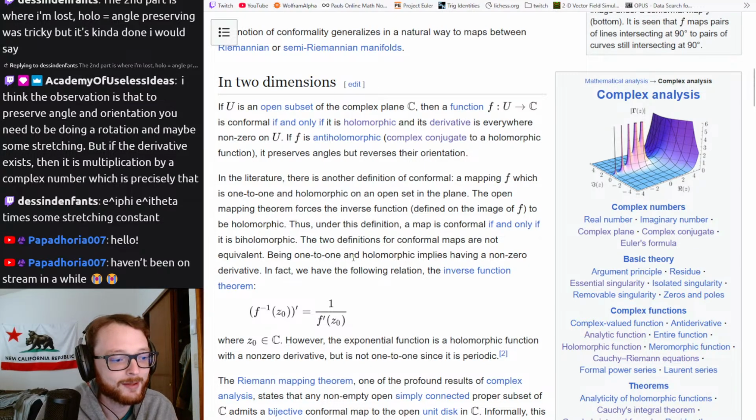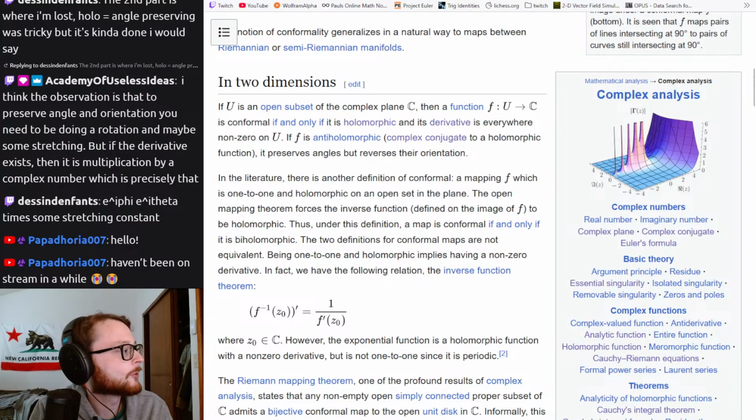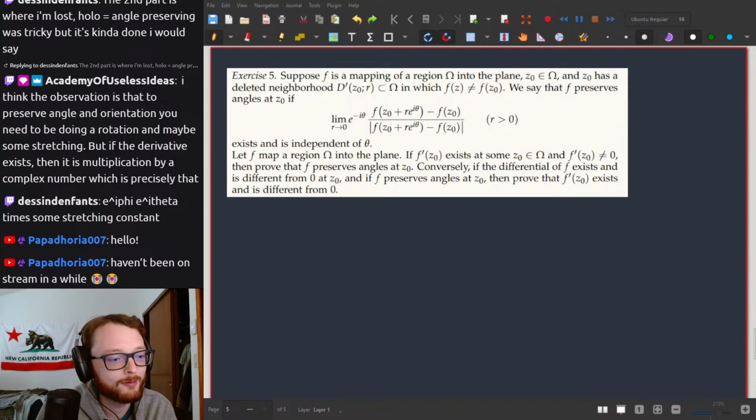e to the phi, e to the theta times some stretching constant. Why is it, if the derivative exists, multiplication by a complex number?